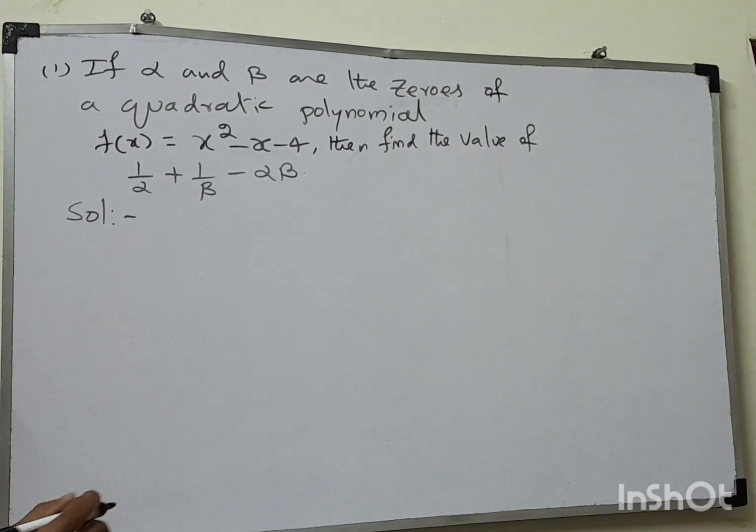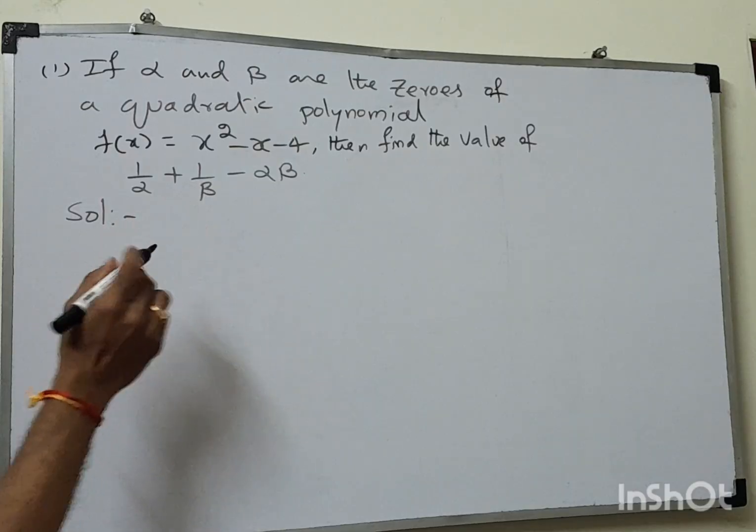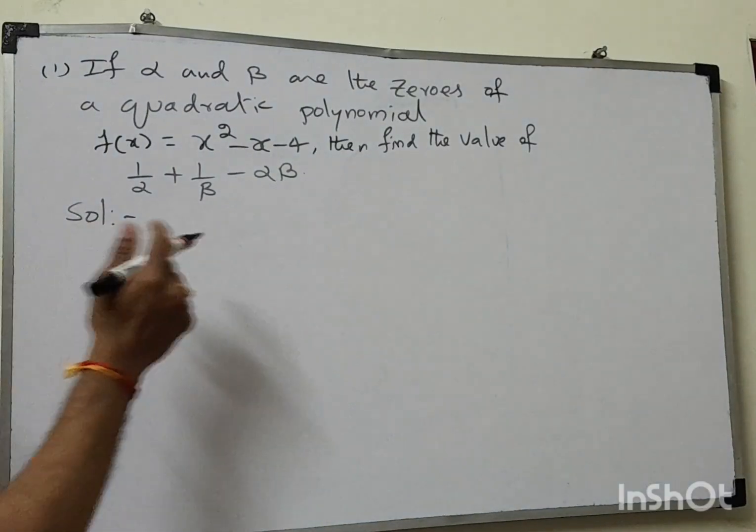So to do that, we need to know the relation between sum of zeros and the product of zeros.